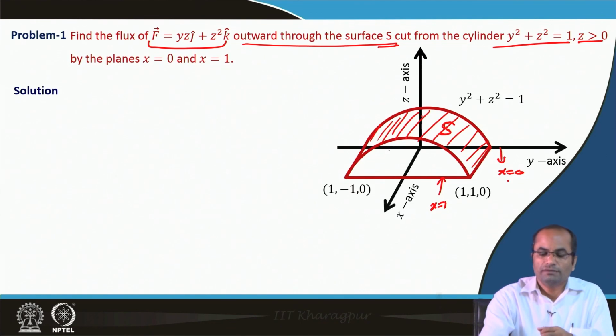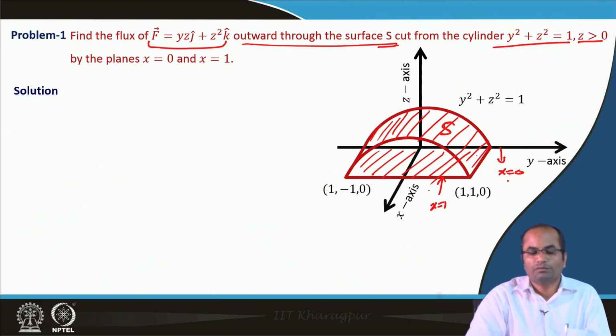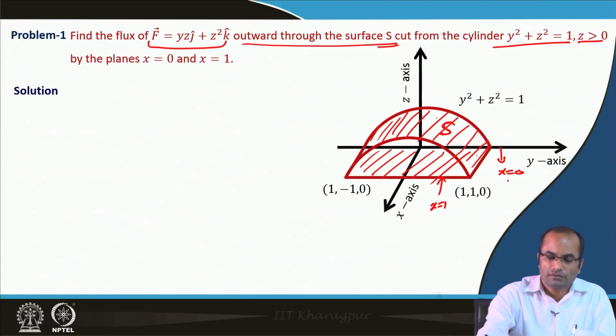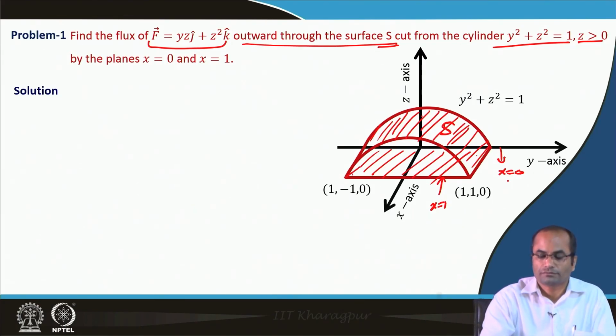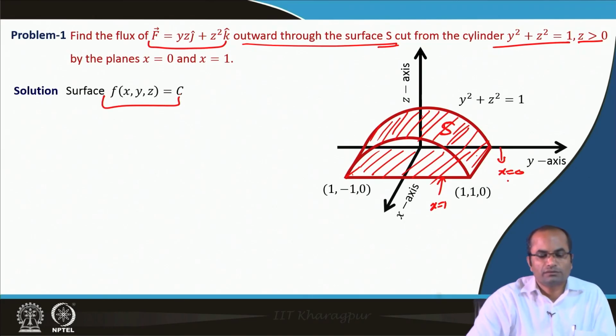Here, naturally, we will project onto the xy plane, because if we project onto the other planes, the dot product in the denominator may become 0. So, in this case we project onto the xy plane, and the surface is f(x, y, z) equal to c.